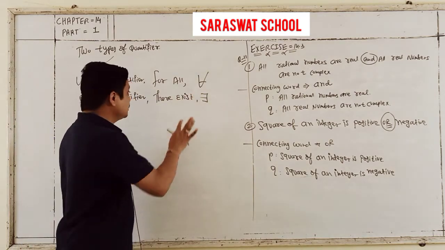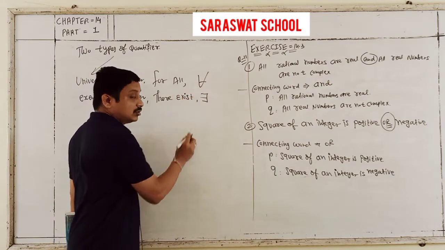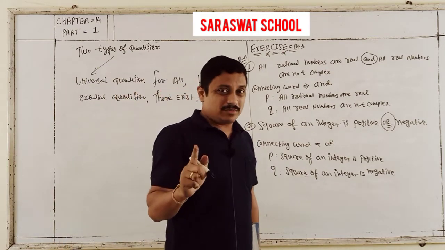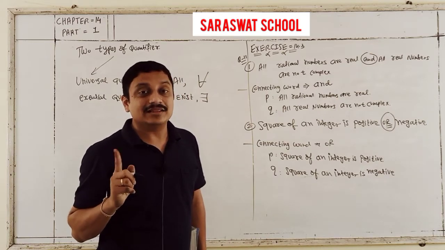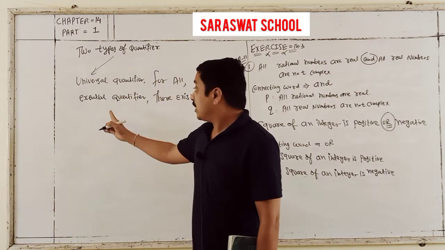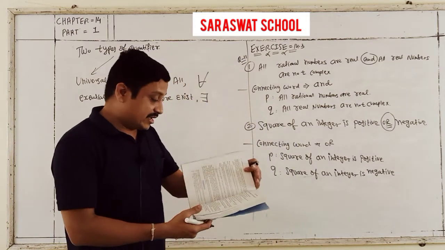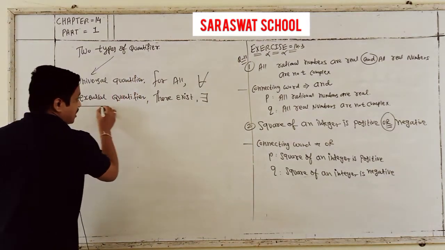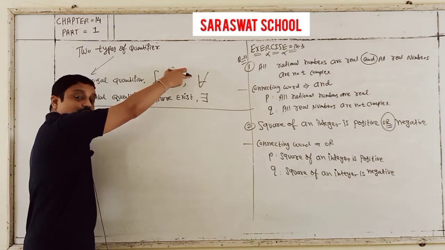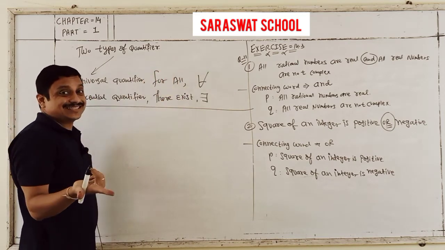There exists, meaning students, only a particular one, rarely two elements. If you select that, it is called your existential quantifier. So these are the two types, existential and universal, in the questions given. Now these are negations of universal to existential and existential to universal.